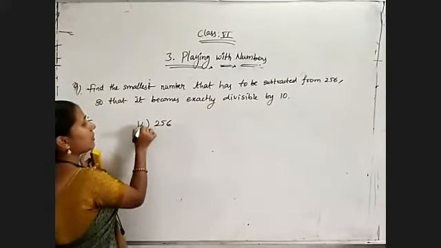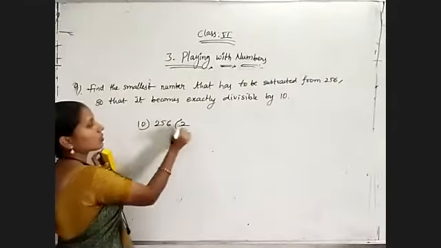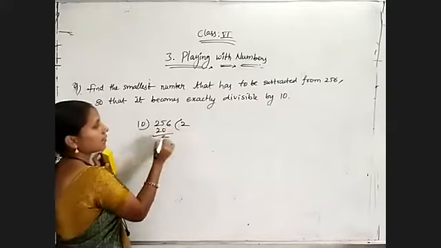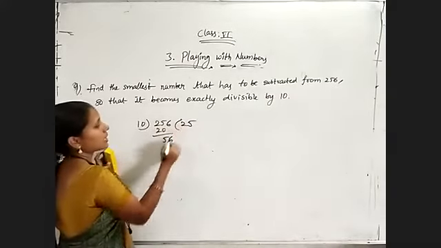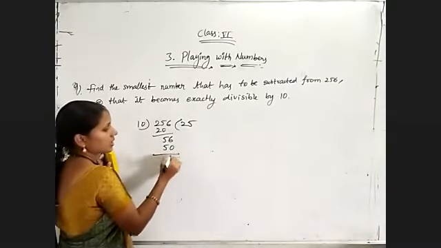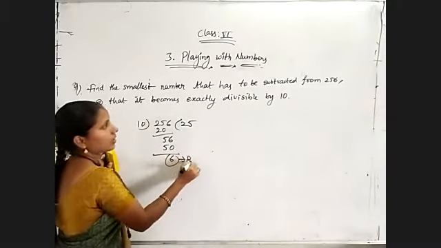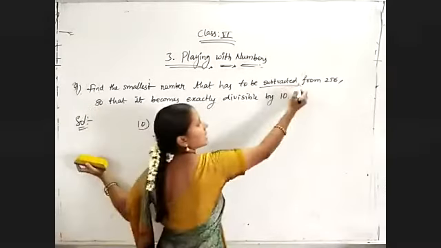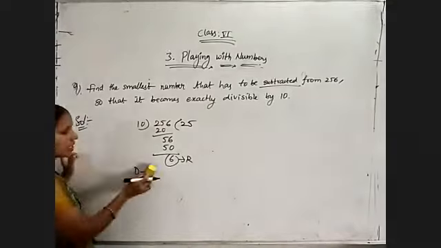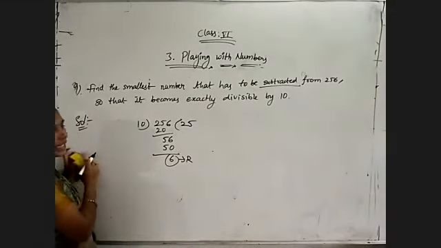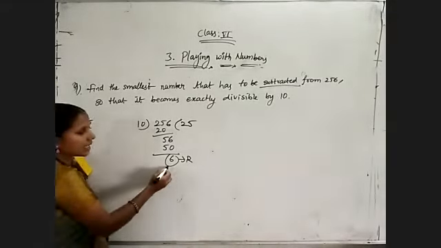256 divided by 10. 10 2s are 20, 5, and take down 6. 10 5s are 50, 6 remains. Here the remainder is what should be subtracted. Whenever addition is asked, take divisor minus remainder. In this case, whenever subtraction is asked, directly take the remainder.